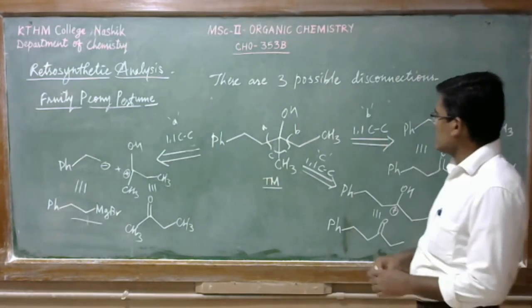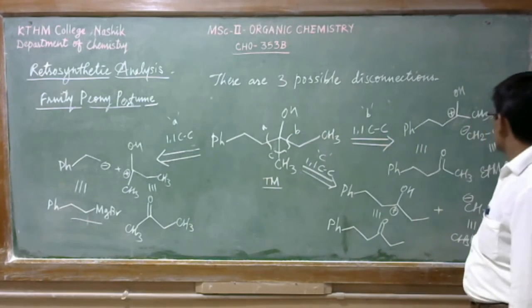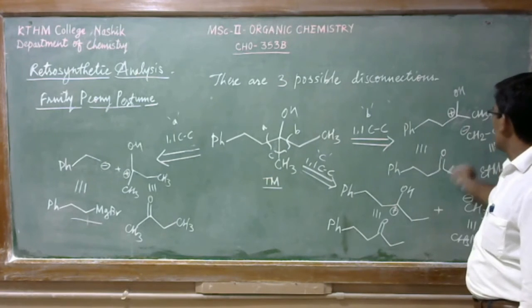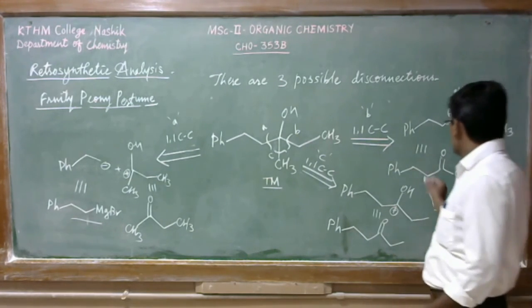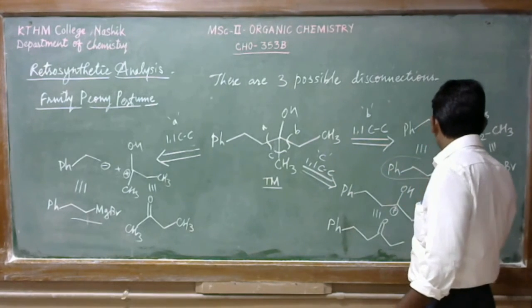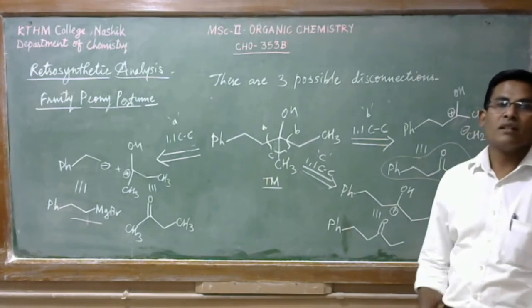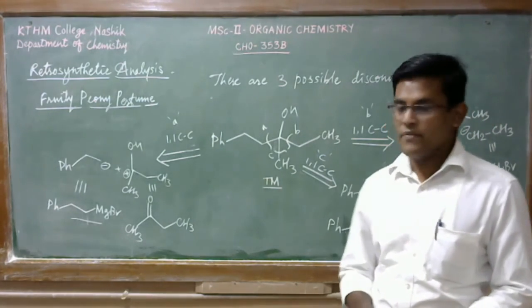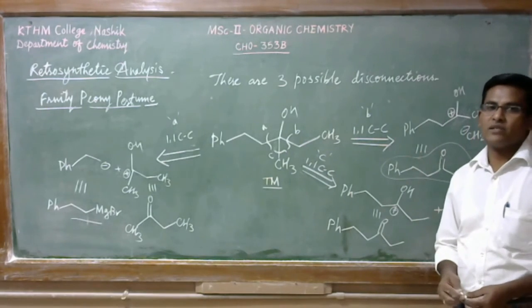Next disconnection, when you disconnect this bond, we would get this ethyl magnesium bromide and this ketone, and this ketone can be made by using aldol condensation of benzaldehyde and acetone.